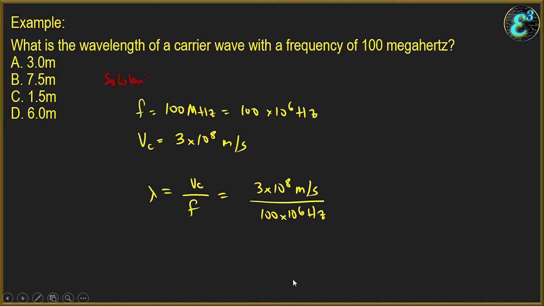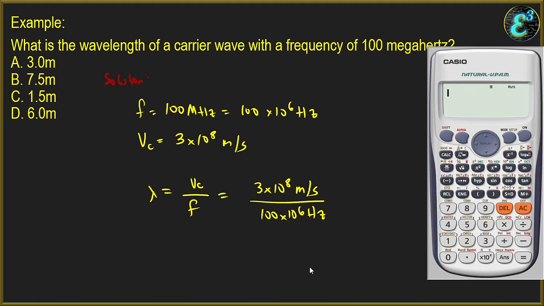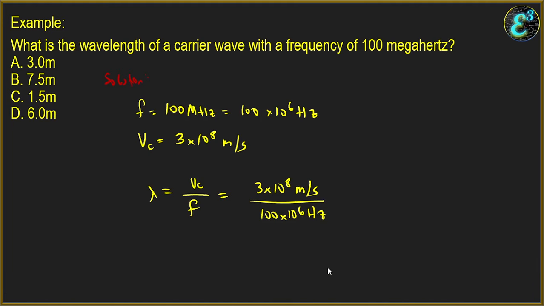So using our calculator, 3 times 10 to the power of 8 over 100 megahertz. So the correct answer is 3 meters, which is letter A.